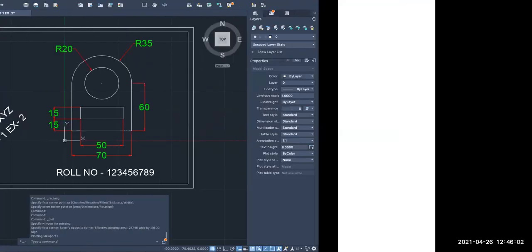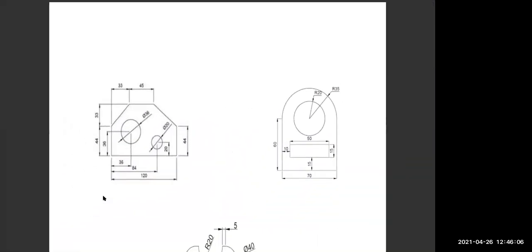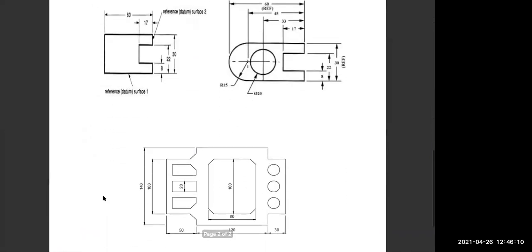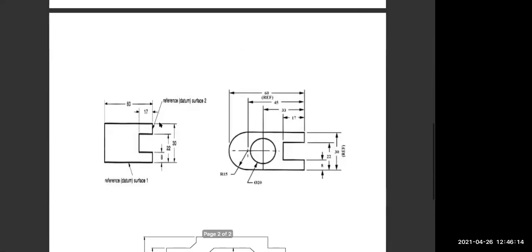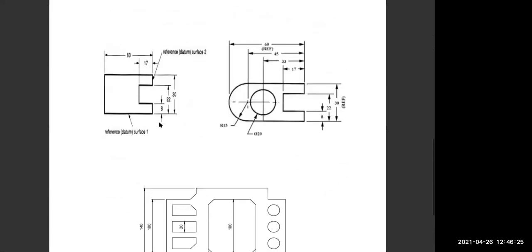After explaining these two figures, normally what we do in our offline sessions is provide this PDF file to you so that you draw all these 6 figures as practice. I will upload this PDF in your Canvas. Those who have AutoCAD software in their system can practice it.